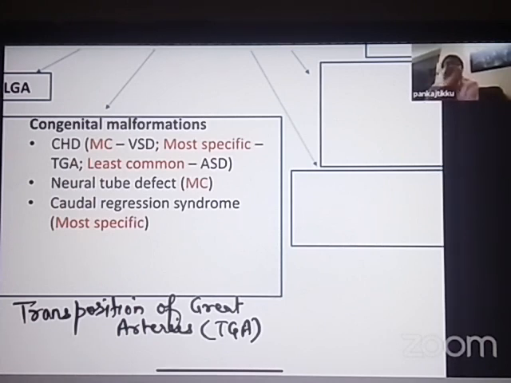Like the most common congenital heart defect is VSD, but the most common single complication is neural tube defects. Similarly, the most specific congenital heart defect is transposition of great arteries, but the most specific single complication in these children is caudal regression syndrome. It is also known as sacral agenesis.